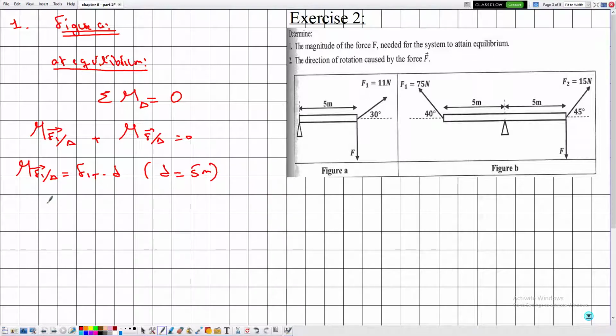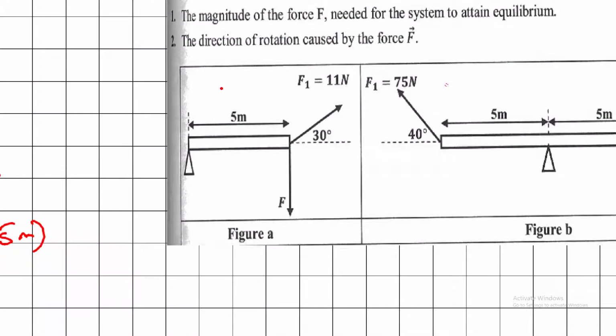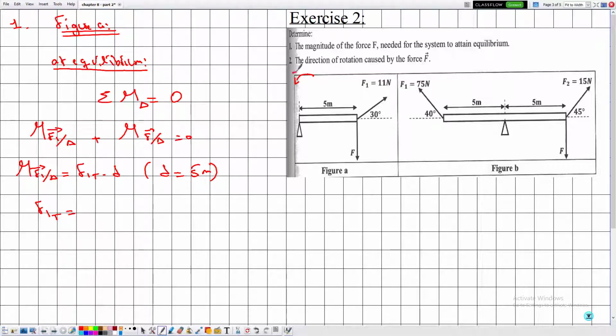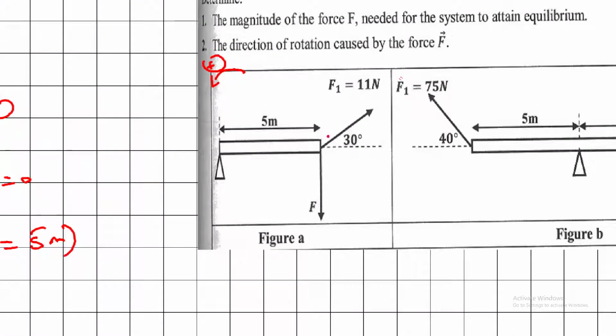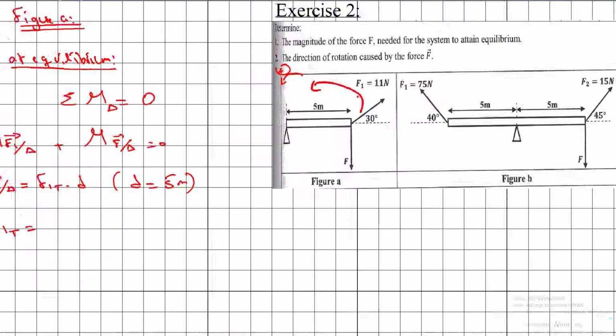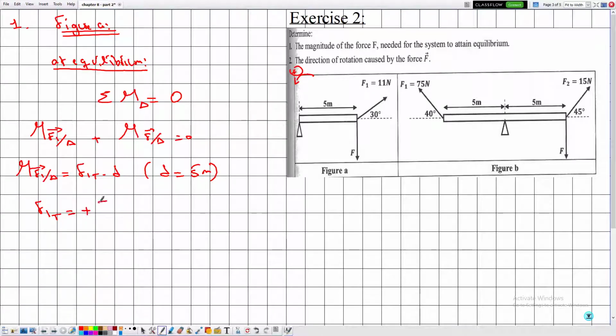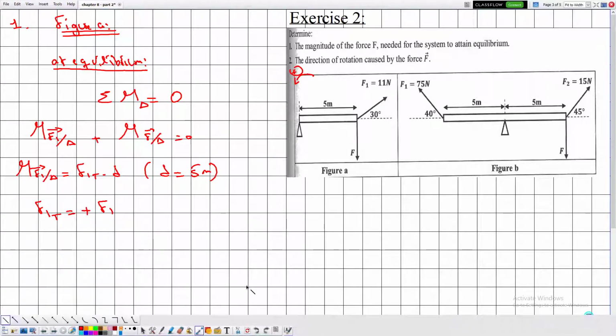So F1 tangential. Now in this case, if this is the positive direction of rotation, F1 will rotate the beam like this, which is in the positive direction. Now this is F1, let me specify the tangential direction.